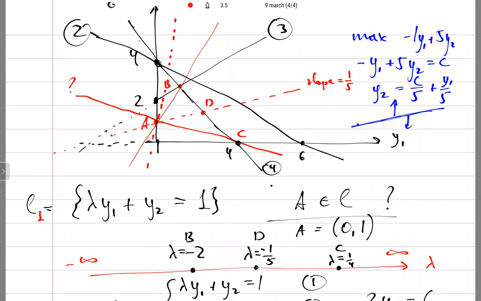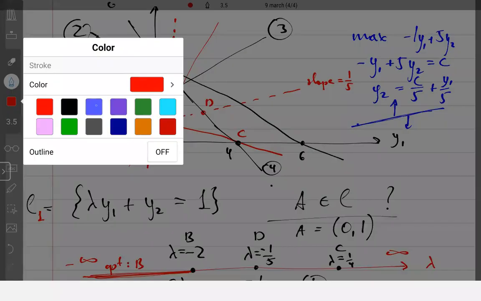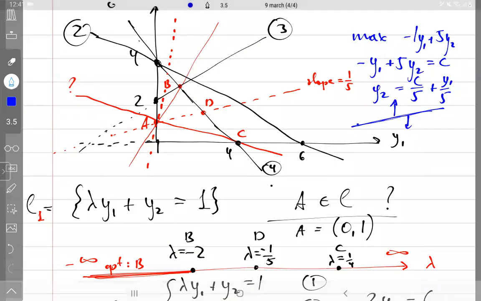In that case, on this segment, if I consider this part of lambdas, the optimal point will be at point B. Yeah, my possible region, or maybe it's better to draw each case by part.